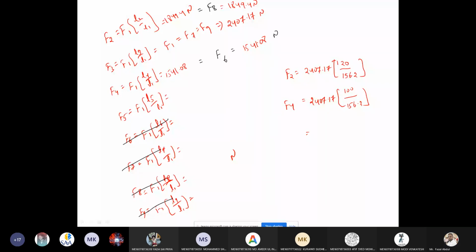Okay, we got all the secondary shear forces on each rivet.